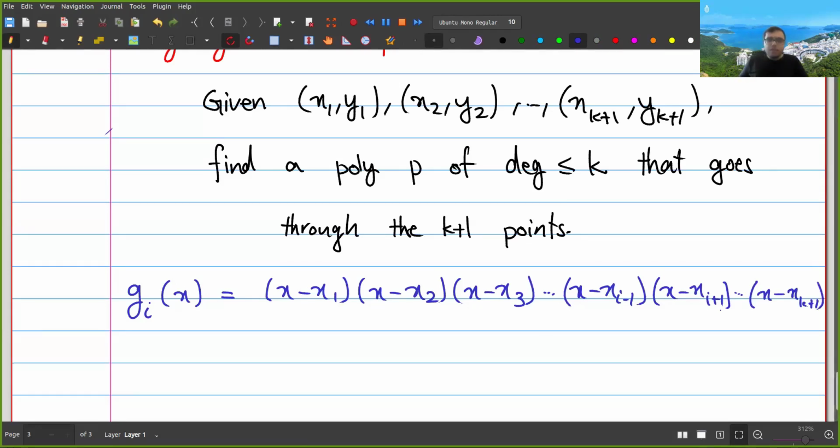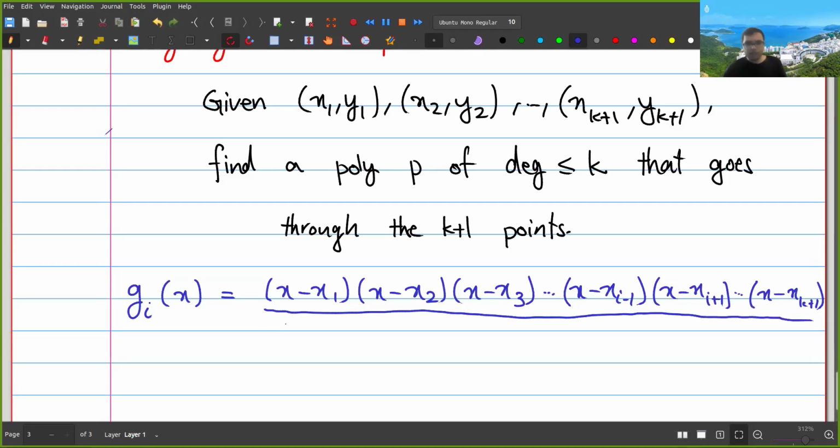What is the value of this gi at x1? It's 0 because I have an x minus x1 here. What is the value at x2? It's also 0. The value is basically 0 at all of these x's except for xi, because I don't have x minus xi here. Now, I can additionally make it such that the value at xi is exactly 1. How can I do this? I can just divide this by whatever my value at xi is.